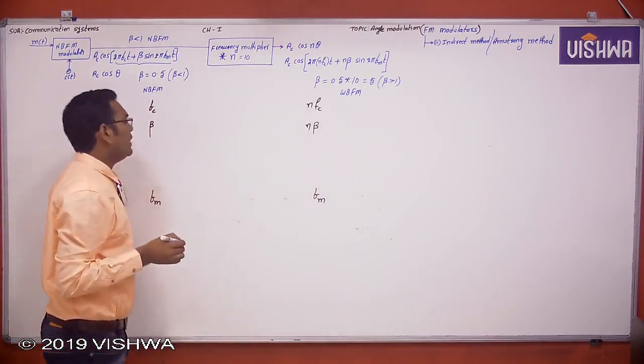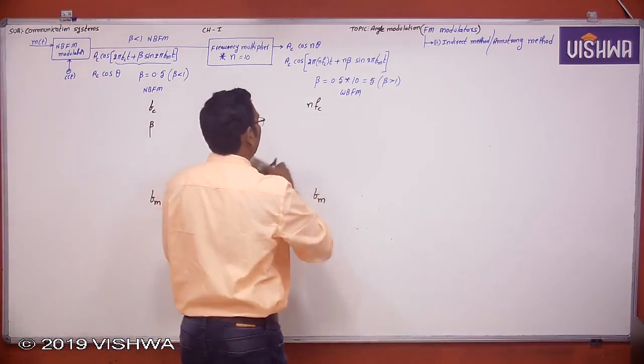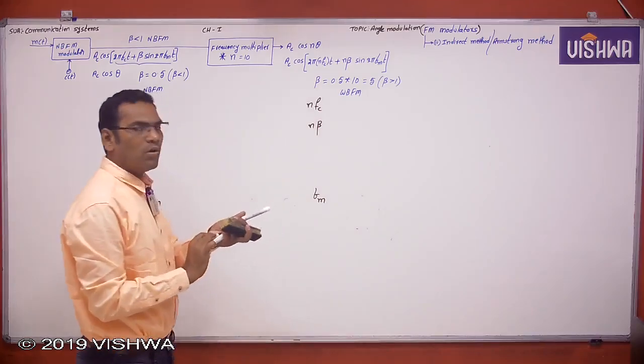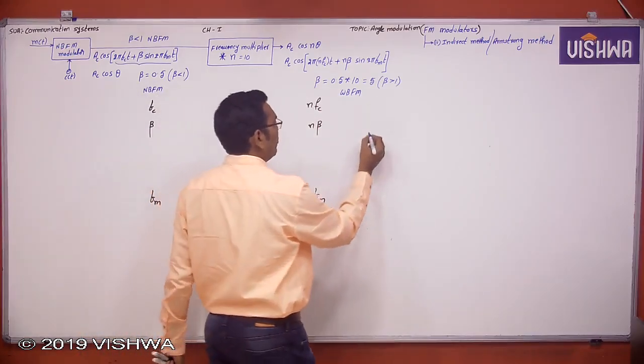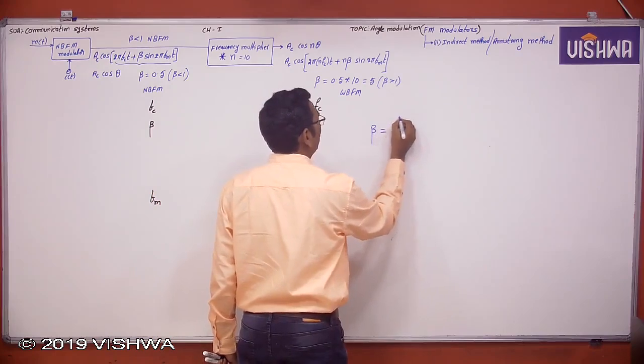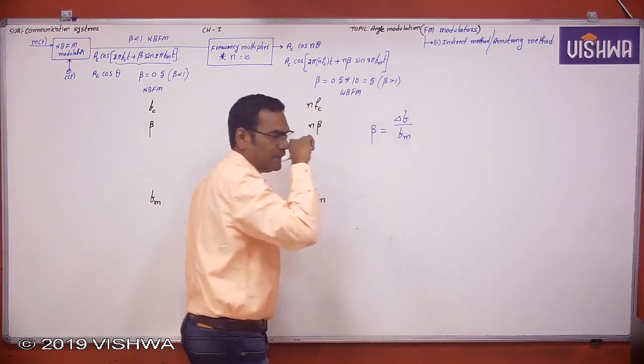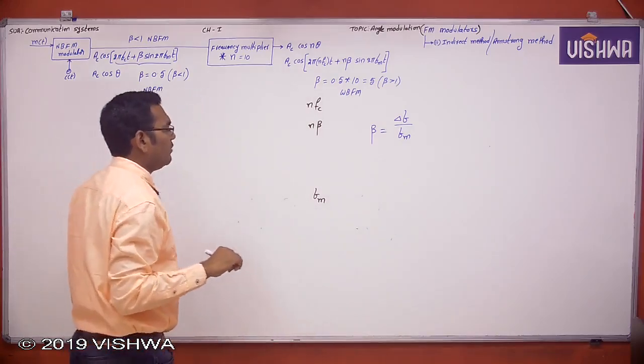Now, are there any other parameters that get affected in the process of frequency multiplier? Yes. See here, what is the modulation index beta? The modulation index beta is equal to delta F by FM.